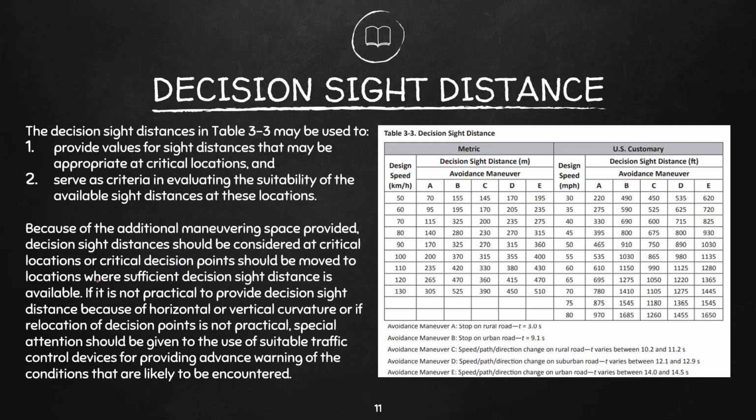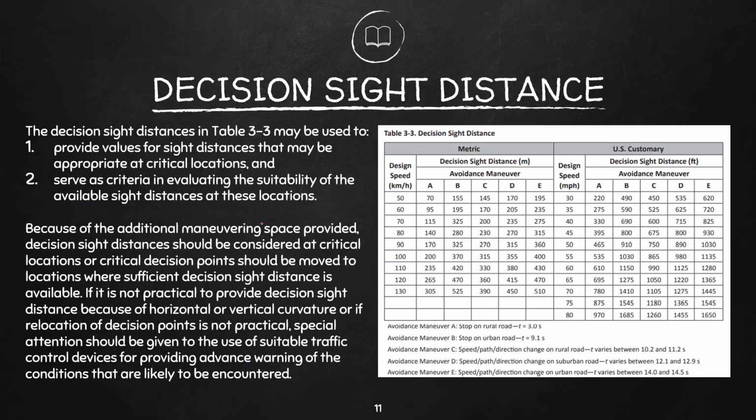We have given some critical locations and critical decision points earlier, and should be moved to locations where sufficient decision site distance is available. If it is not practical to provide decision site distance because of horizontal or vertical curvature, or if relocation of decision points is not practical, special attention should be given to the use of suitable traffic control devices for providing advance warning or the conditions that are likely to be encountered.